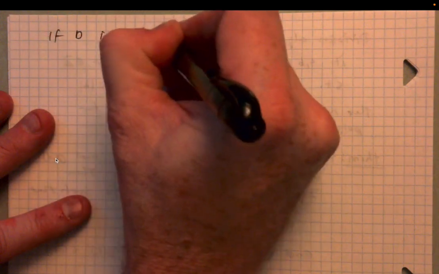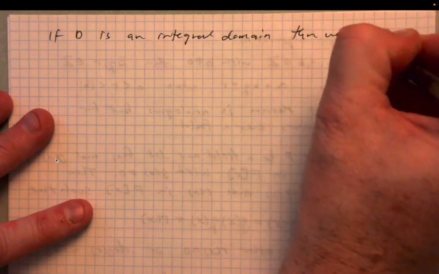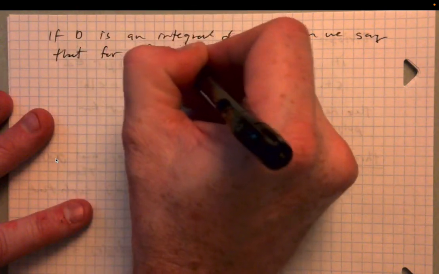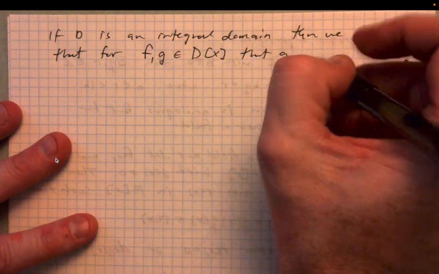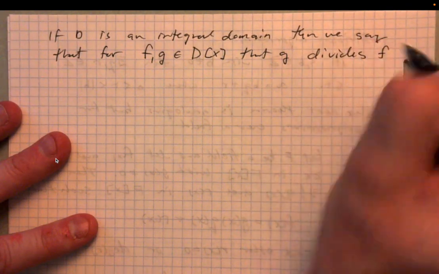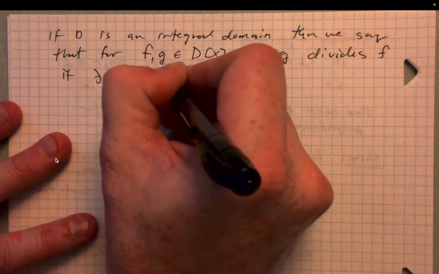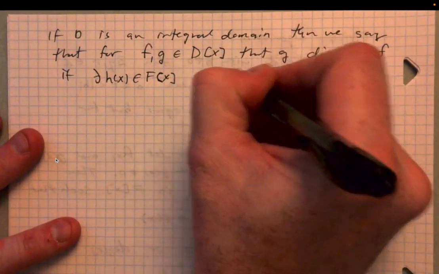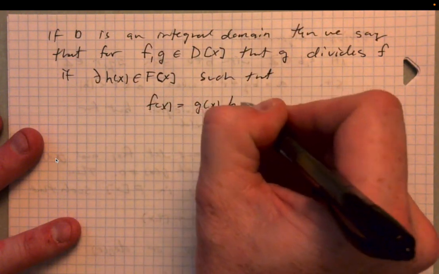So if D is an integral domain, then we say that for f and g in the polynomials over D, that g divides f if there exists some h of x in the polynomials over D. There's going to have to exist some polynomial h such that f of x equals g of x times h of x.